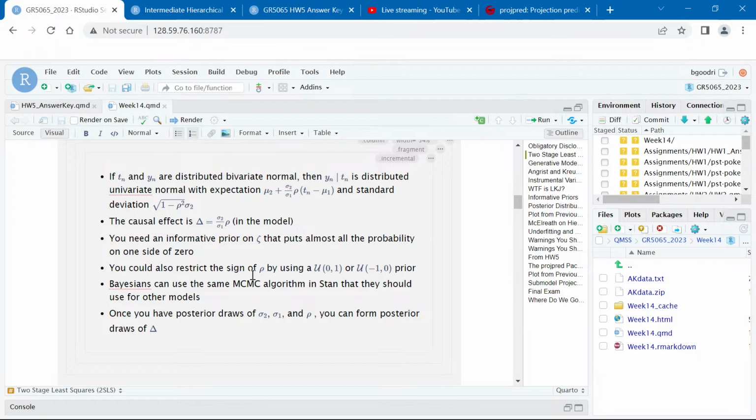So you really should have an informative prior on this coefficient that puts almost all the probability on one side or the other of 0. Another thing you probably should do in a lot of situations is have an informative prior on rho, the correlation in the errors between the two parts of the model.